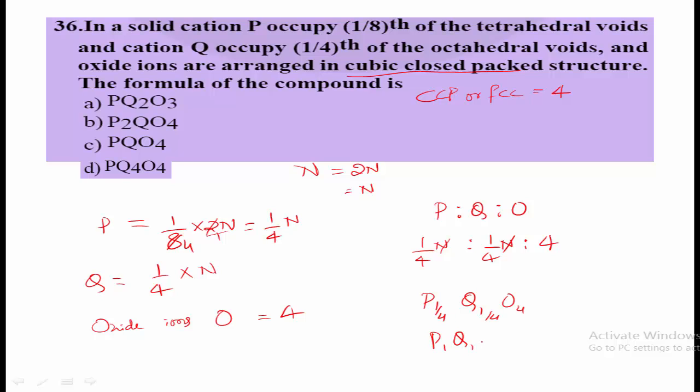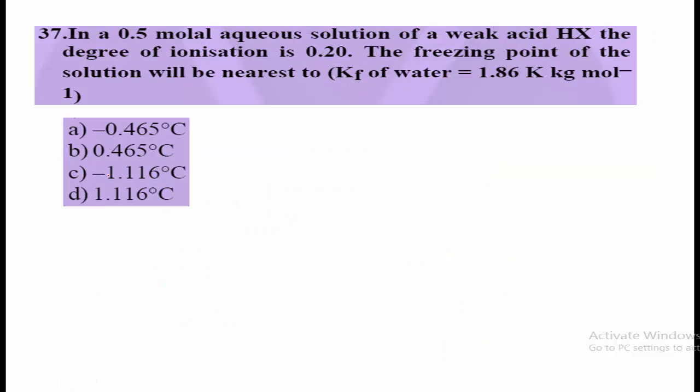P1, Q1, and O is 4. These two were not in whole numbers, hence we multiplied by 4, but this is already a whole number, so there is no need to multiply it. Therefore the formula becomes PQO4. Therefore option C is the right one.